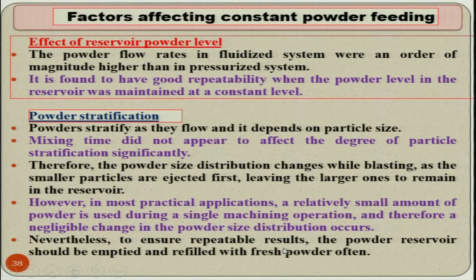Nevertheless, to ensure repeatable results, the powder reservoir should be emptied and refilled with fresh powder often, because many times the powder remains adhered to the sides of the reservoir. So, to avoid all this and to make it fresh, you should clean it and refill it with the fresh powder, so that the performance of the abrasive jet micromachining is constant and repeatable.